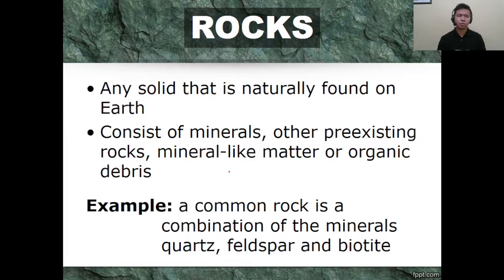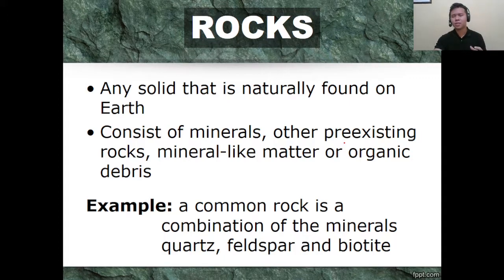Okay, so not just a single mineral is found in a particular rock. Depending on the type, there are usually two or more minerals trapped inside a rock. These minerals are usually quartz from silica components, feldspar, and biotite. Rocks also contain components coming from pre-existing rocks.